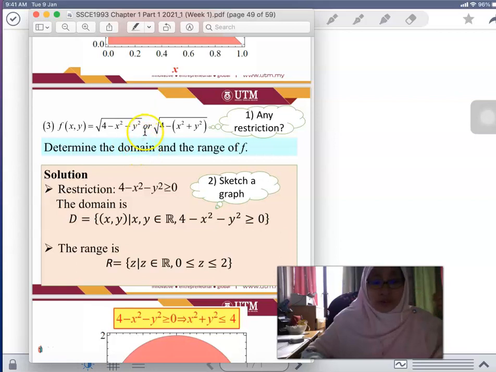I think there is no problem. You can easily, directly find out there is a restriction, right? Because you can see this one is inside the square root, and supposedly this one should always be greater than 0 and can also be equal to 0. So that is very clear.